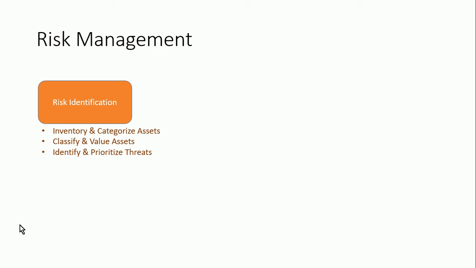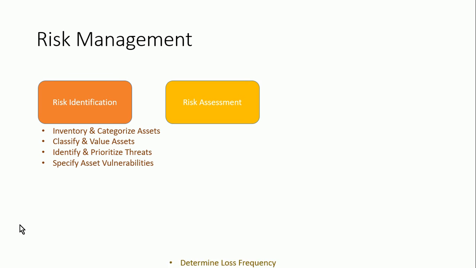And then we look at what all the threats are to those assets. So here's all of our assets. What are all the possible threats to those assets? We look at that as well. And then we try to assess what the vulnerabilities are. Once we have a good idea of what our risks are and what our assets are, we assess those risks.